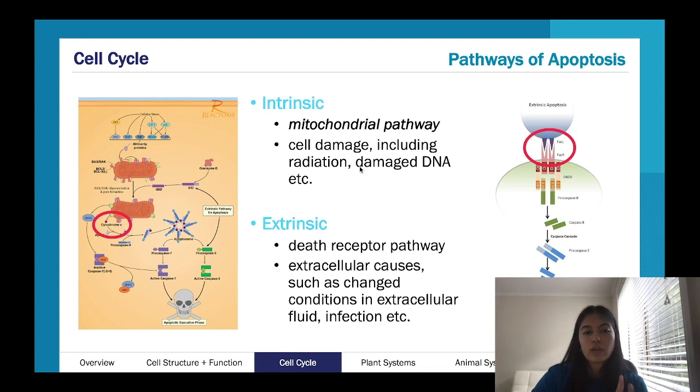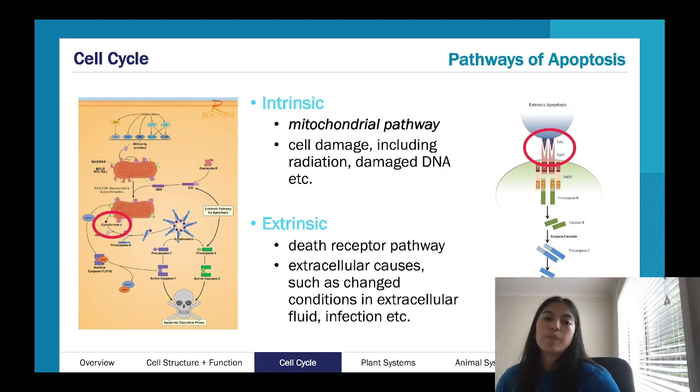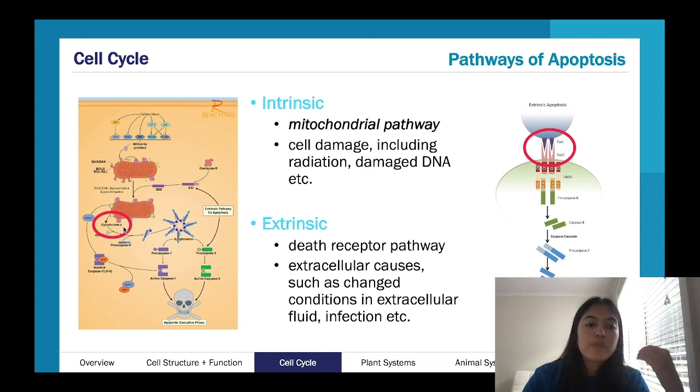So in general, I'm not going to go too in depth, but you have your intrinsic, so think about the term, and your extrinsic. Think of intrinsic as coming from inside, so it can be caused by cell damage or damage to DNA, things like that. It's caused by this molecule from the mitochondria called cytochrome C. Probably not too key to remember all these details, but just understand that it comes from within the cell.